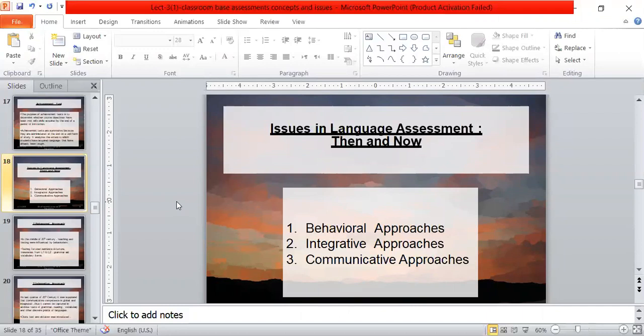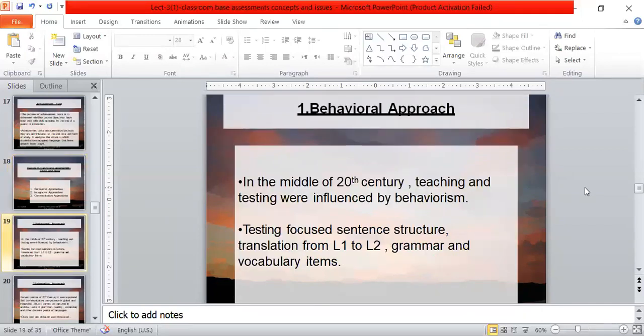So these three are separate philosophies, and they do have separate issues towards language assessment. Let's learn first the behavioral approach.